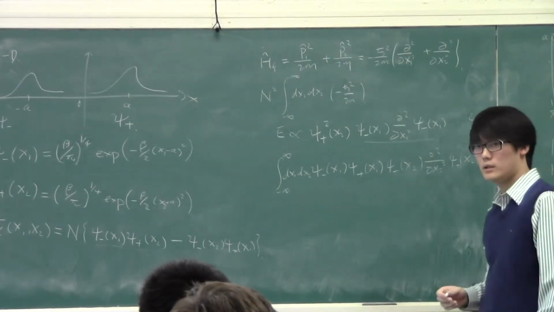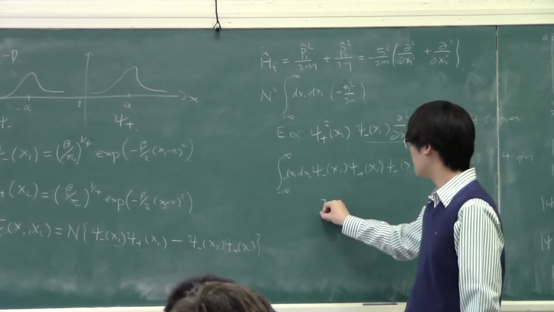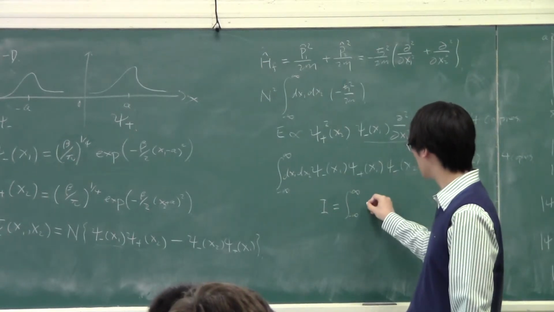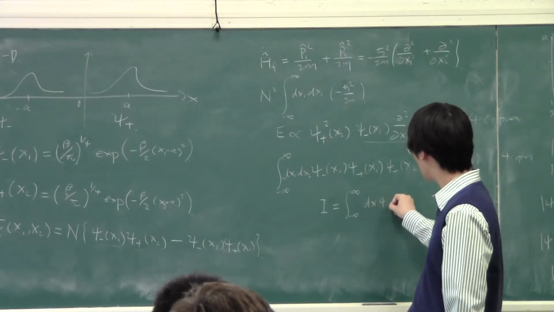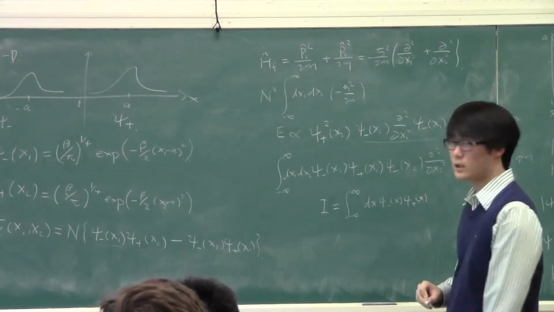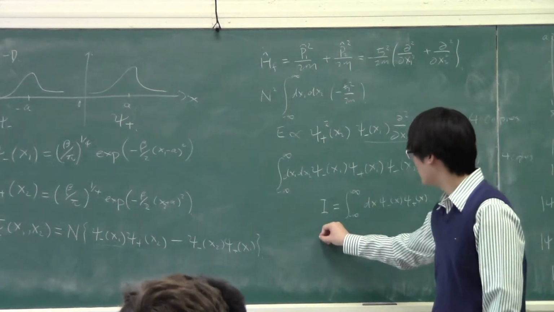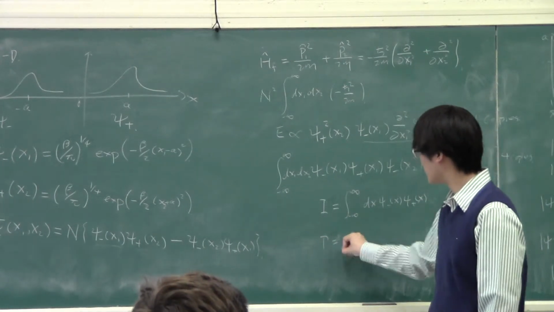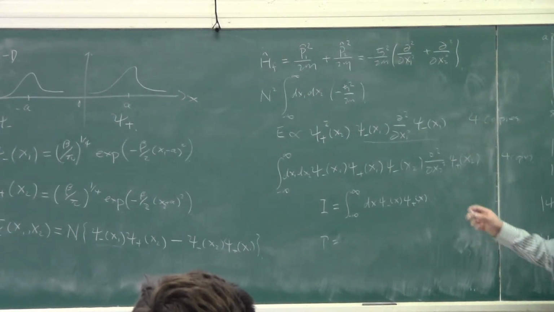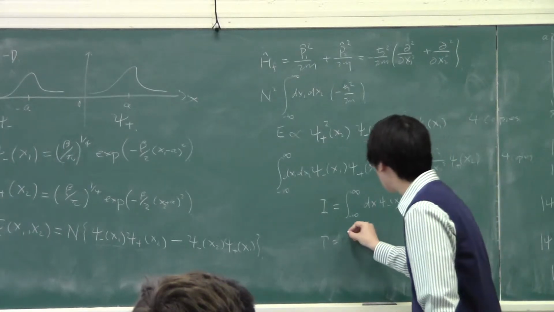So let me define an integral, which is the overlap between the wave functions. You have some integral like this. And then let me define an integral which is the cross term coming from this operator, the kinetic energy operator.